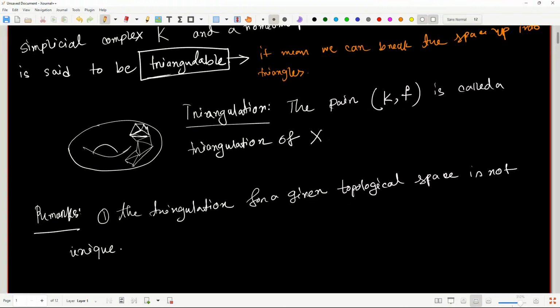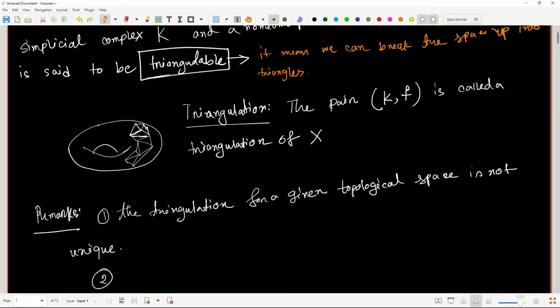That means you can choose any kind of way to triangulate, or break the topological space into triangles. You can choose any kind of different way, and your end results would be the same. It's independent of the method that you are choosing to triangulate the topological space.